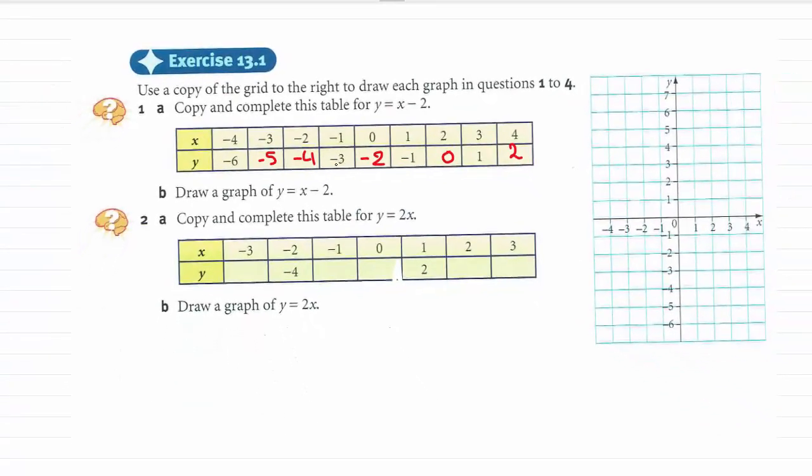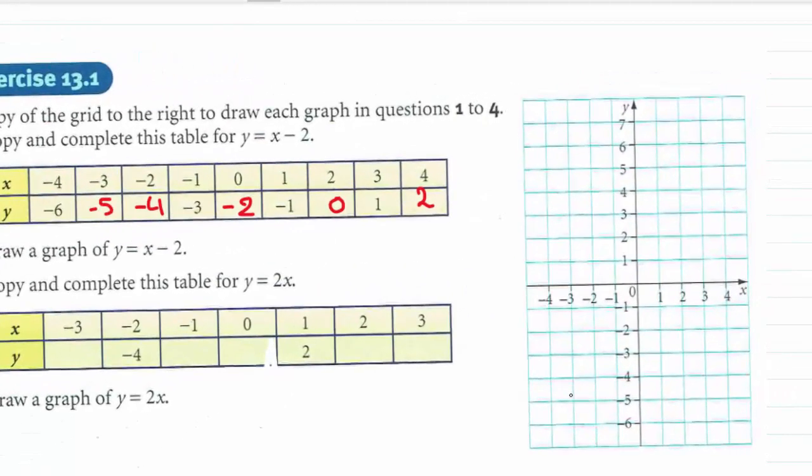To draw the graph of this equation, we need to plot 3 points and then join them with a straight line. So let's plot -4 and -6. -4 in x line is right here, and -6 in y line, so between them, this point is -4 and -6.